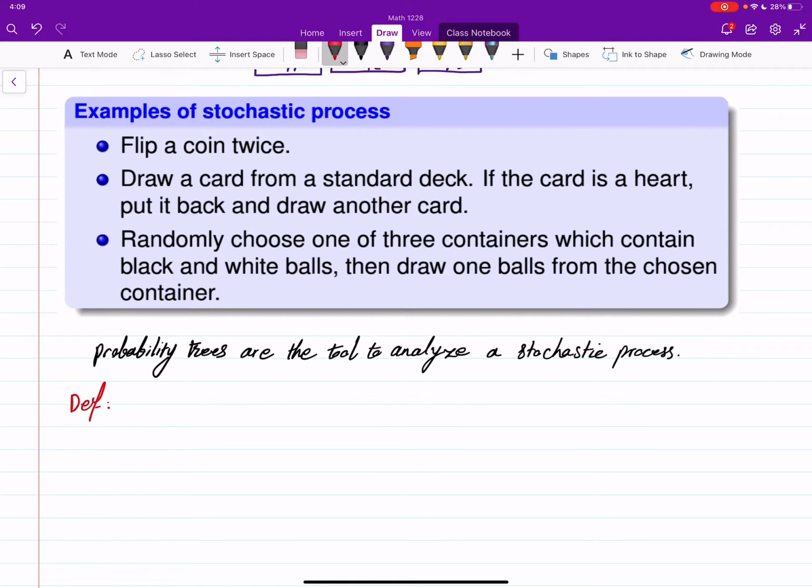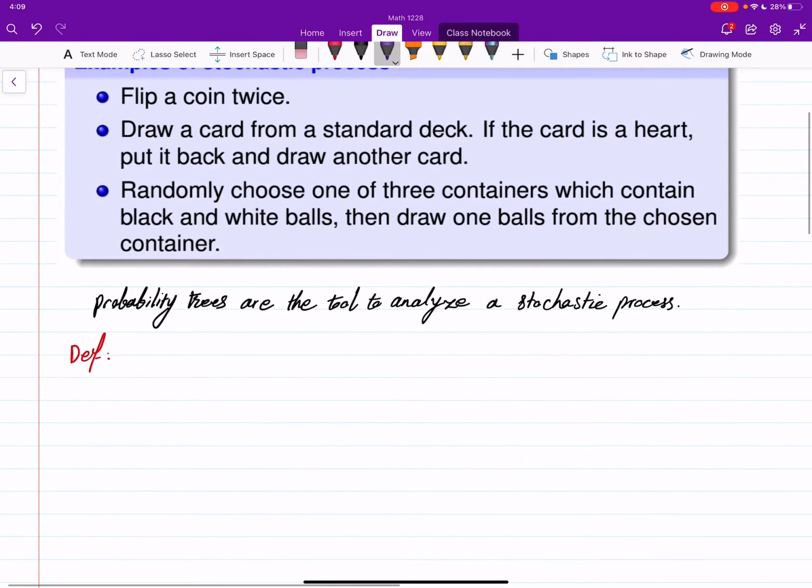Well, we have seen counting trees. So a probability tree has some similar properties.